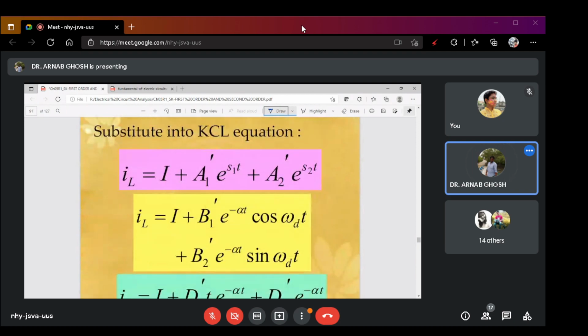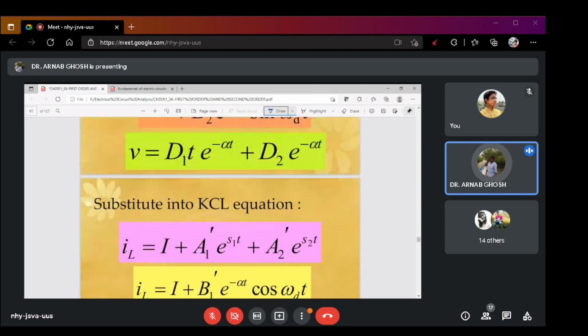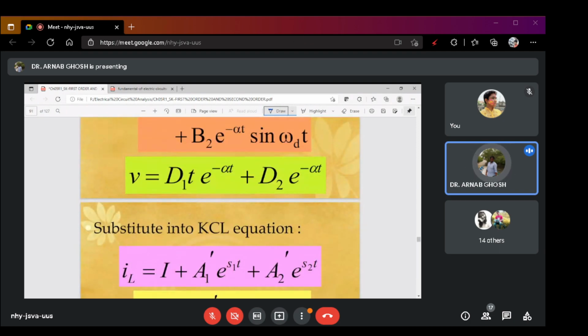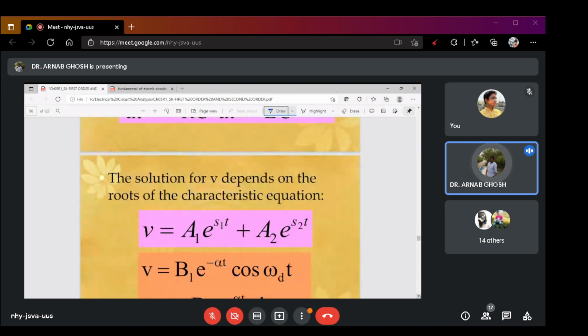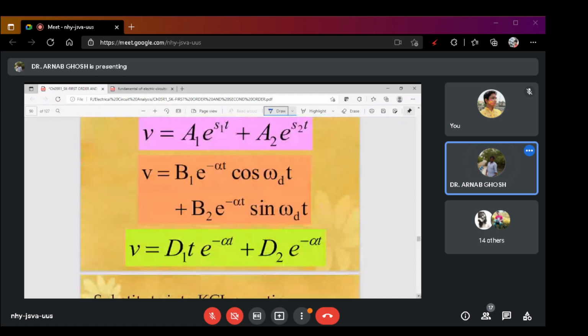Then what will be IL? Tell me what will be IL? What did you get as IL? You know this characteristic equation, you can understand this. This is the characteristic equation from natural response itself.